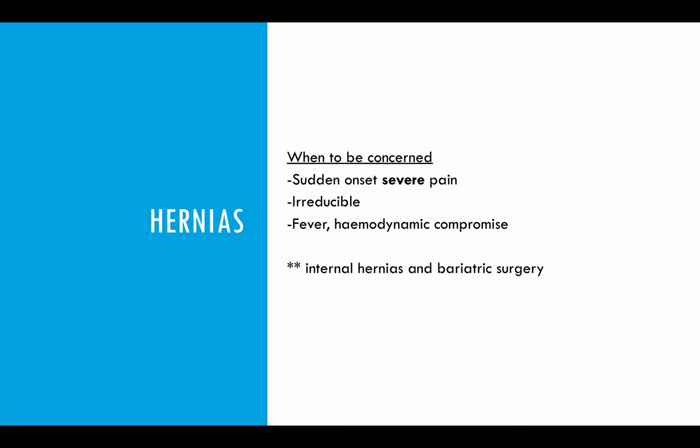So lots of hernias are reducible. Even though sometimes it takes a bit of effort, when you squeeze on the contents that have been pushed through and put some consistent pressure on there, it will pop back through that defect in the abdominal wall. However, if you can no longer do that, then, for example, some of the small bowel may be in an umbilical hernia, and because it's now stuck there, the blood supply gets cut off.